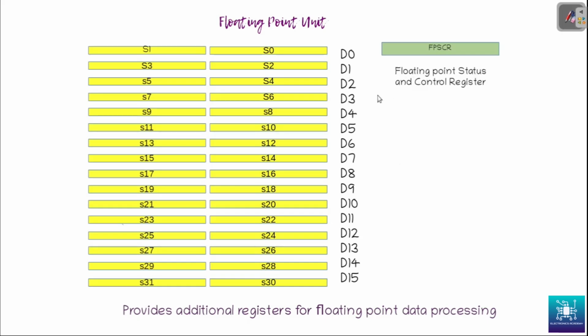And floating point status and control register is called FPSCR. So when you are doing floating point data processing, we shall see that later. When you are doing floating point data processing, a different set of registers are used for floating point, and those are these registers.